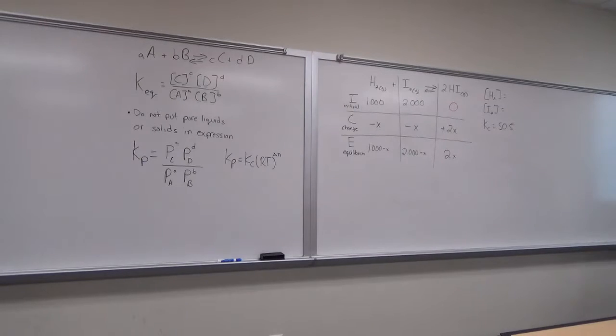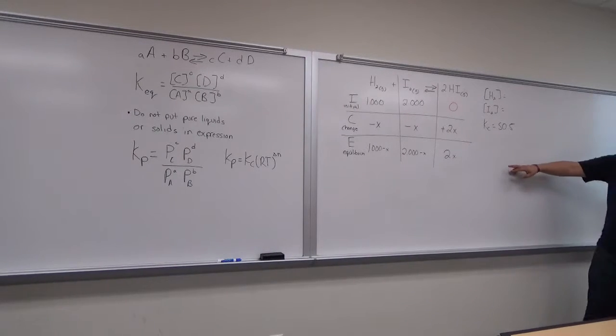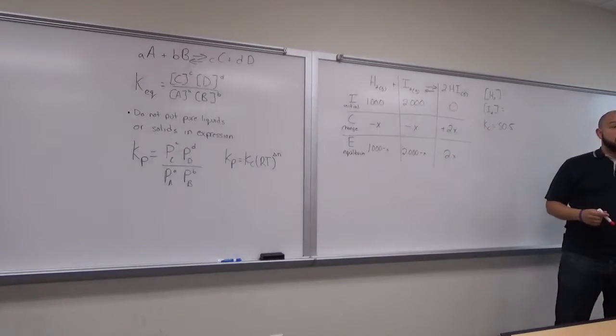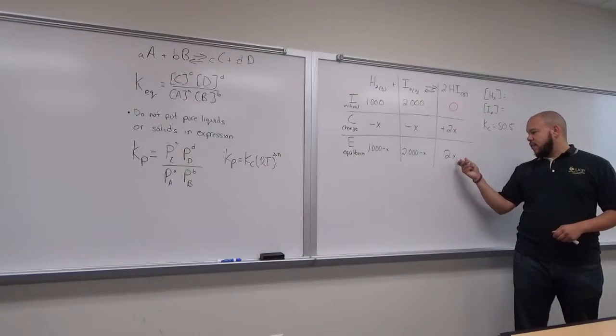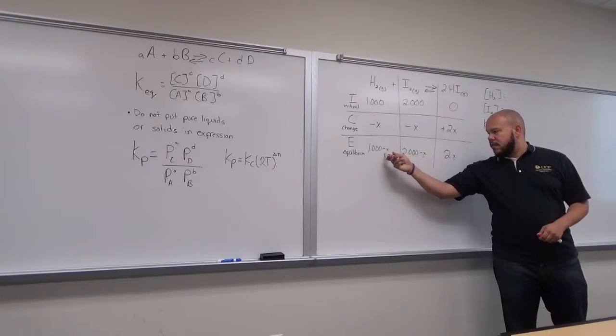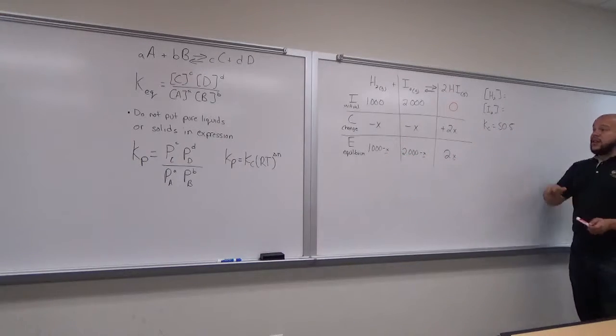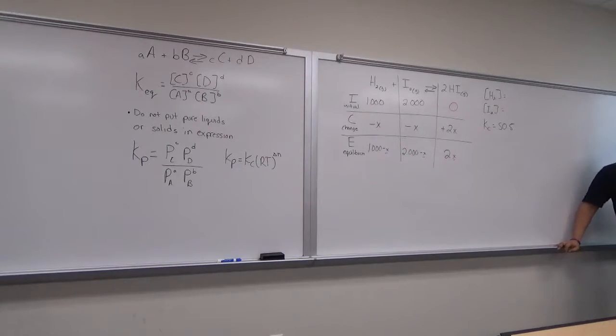Now, for us to know anything about any of these equilibrium concentrations, we need to get what value? X, right? We got to solve for x. And to solve for x, we need to utilize the fact that we know Kc, but we also need to utilize the fact that we should be able to write the Kc expression for this reaction.